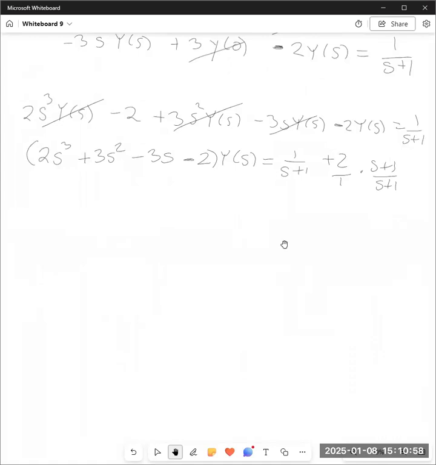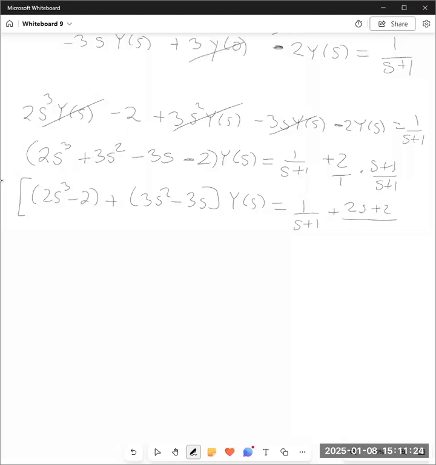All right, so now we're going to, again, group 1 and 4 and 2 and 3. And I get 2s cubed minus 2 plus 3s squared minus 3s capital Y of s is equal to 1 over s plus 1 plus 2s plus 2 over s plus 1.